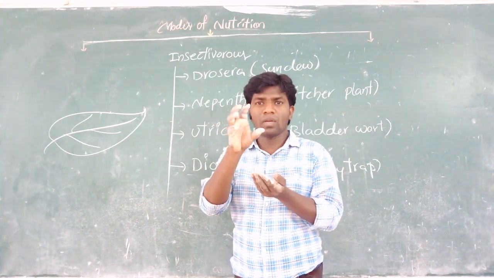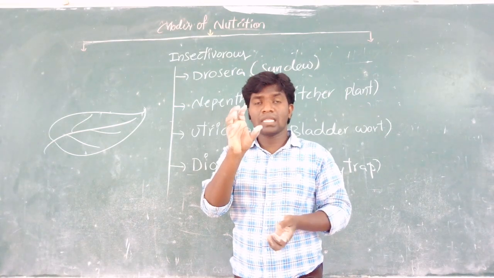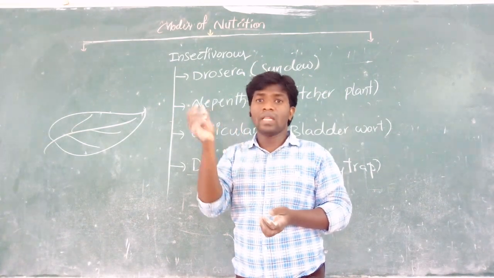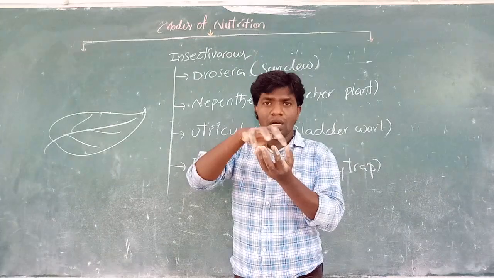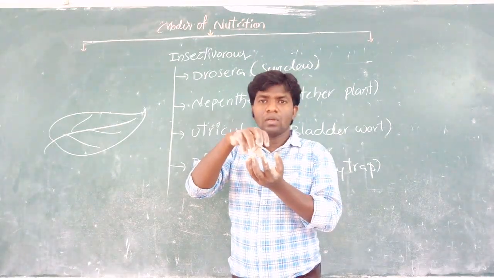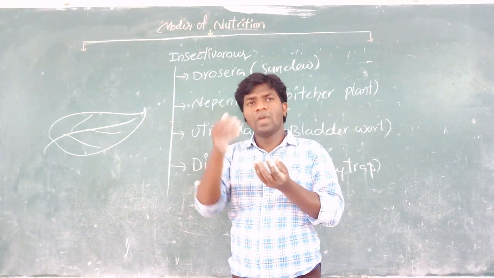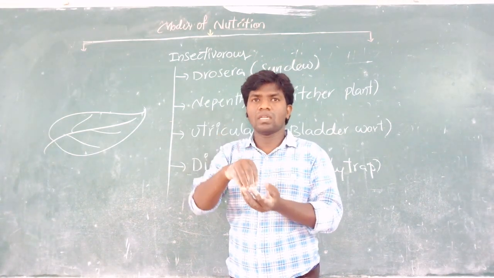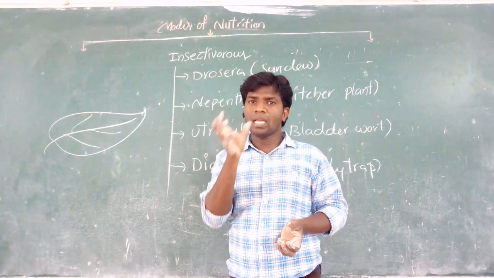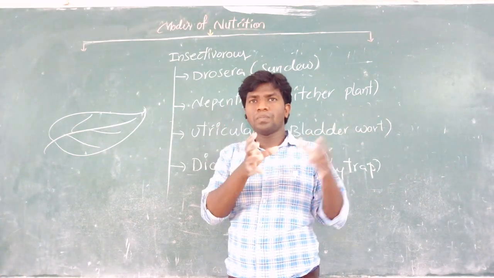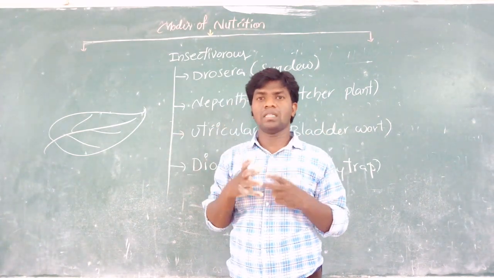When the insect crawls on that leaf, it slips and eventually falls into the jar-like structure. Then these insectivorous plants digest it.